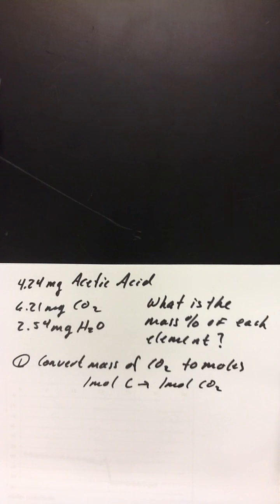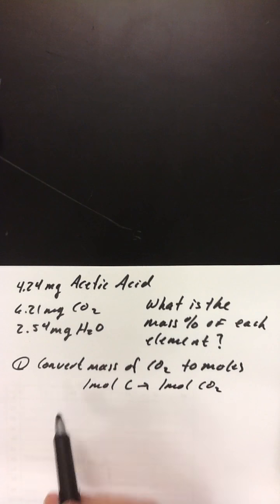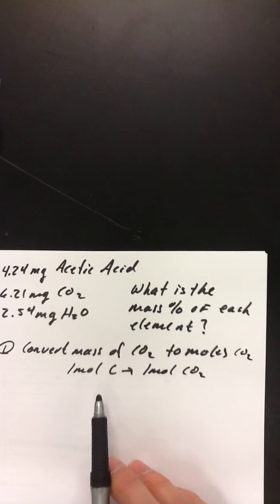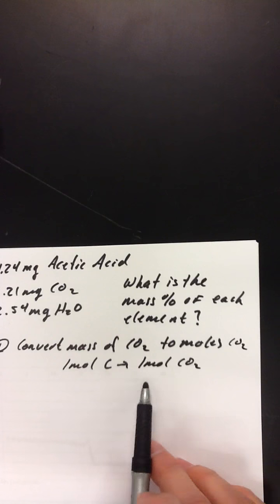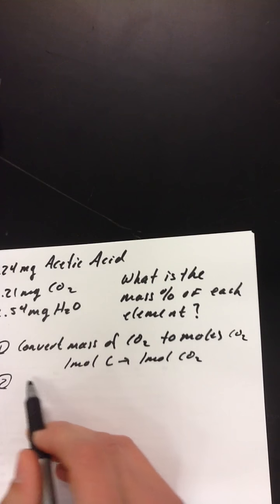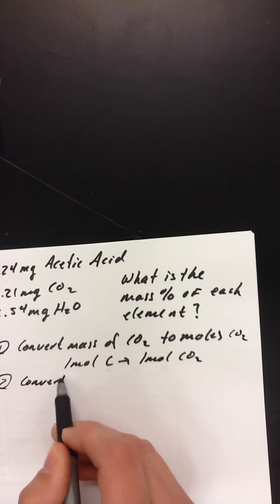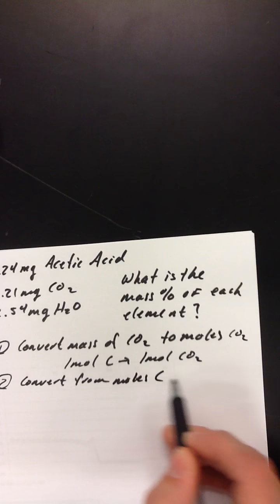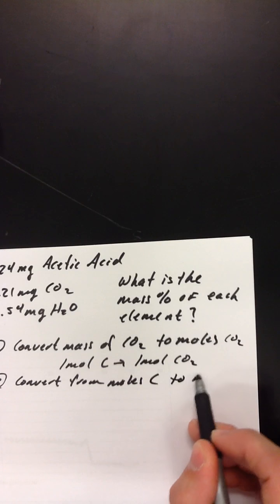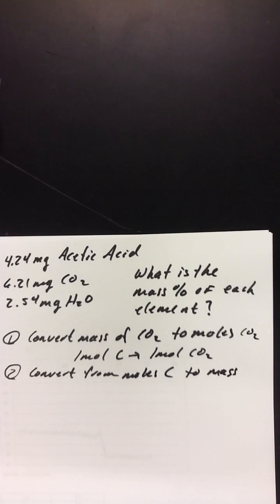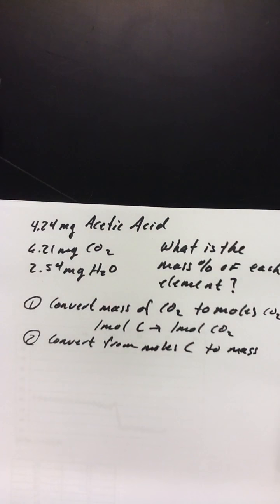And lastly, you would convert to mass. So we're going to convert from mass of carbon dioxide to moles of carbon dioxide. We know through stoichiometry that 1 mole of carbon is 1 mole of carbon dioxide. So then we will convert from moles of C to mass, or grams of C, or milligrams of C, depending on what it is that you're working with.